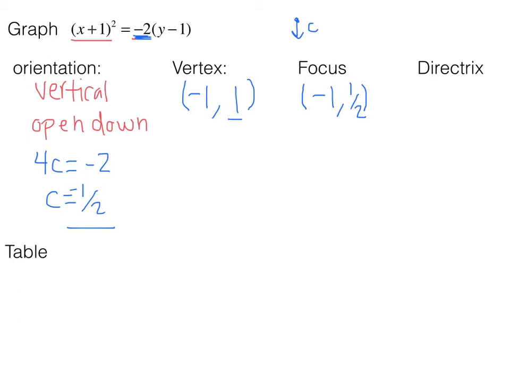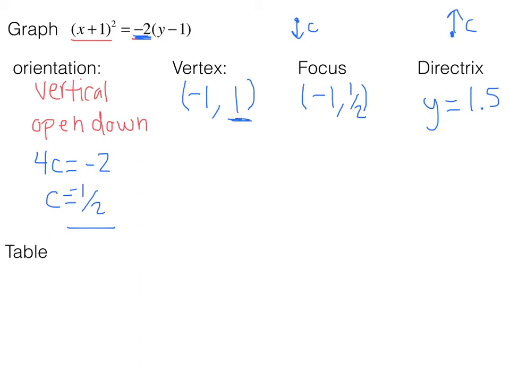And then the directrix is going to be the opposite direction from the vertex, so that's going to be a horizontal line at 1.5. So I just added that 1/2 to this value again.